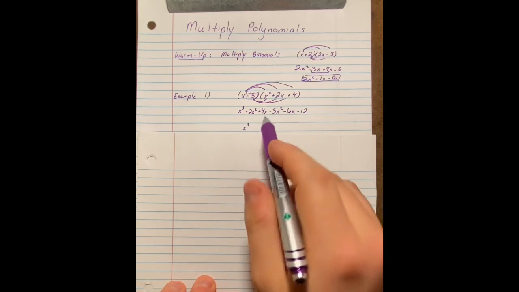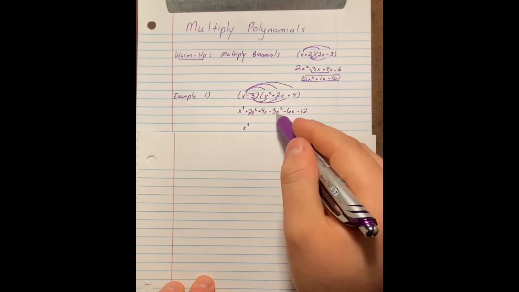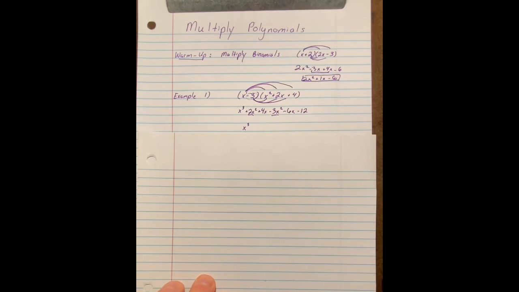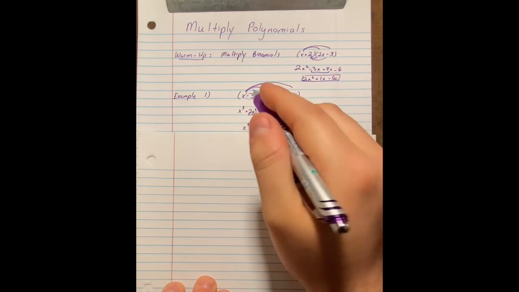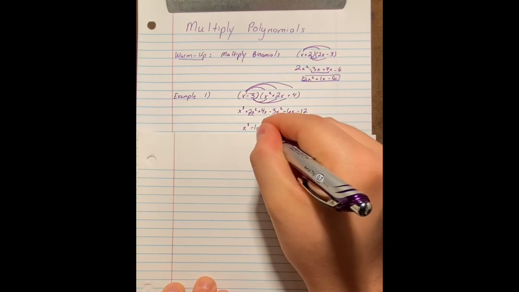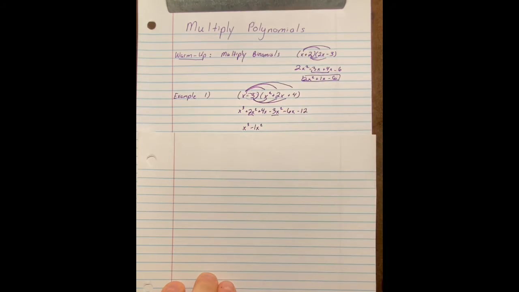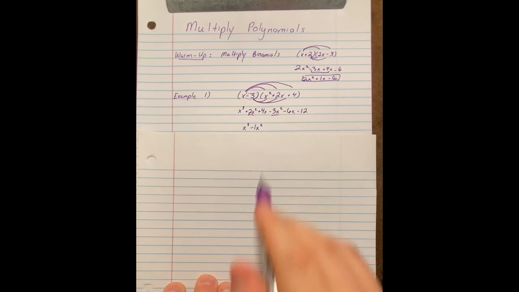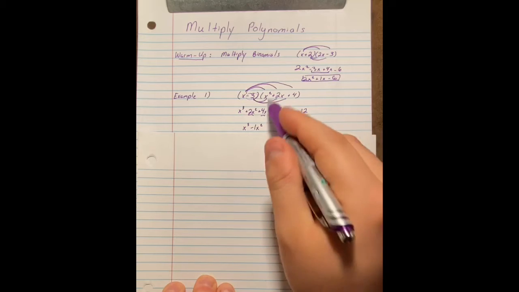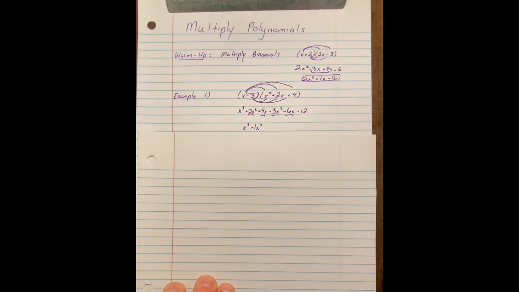Next term, 2x squared. Well, yes, it has a like term right here, negative 3x squared. So I need to combine those. When I combine 2 and negative 3, well, 2 minus 3 is negative 1. So that's minus 1x squared. Now go to the next term, 4x. Well, it has a like term right here, negative 6x.